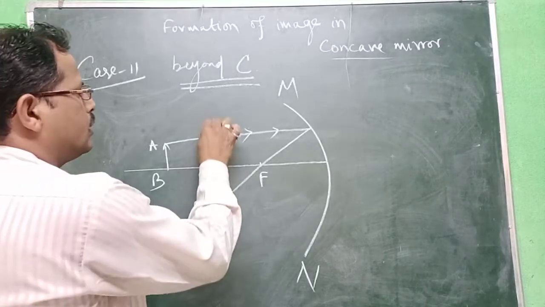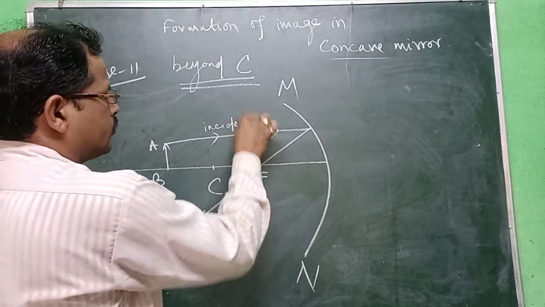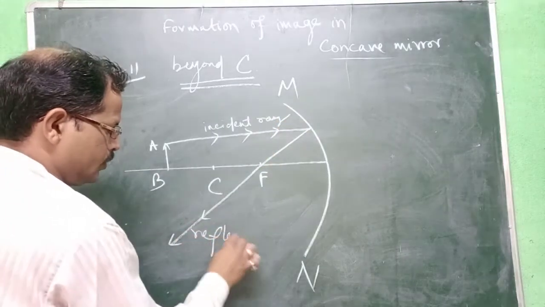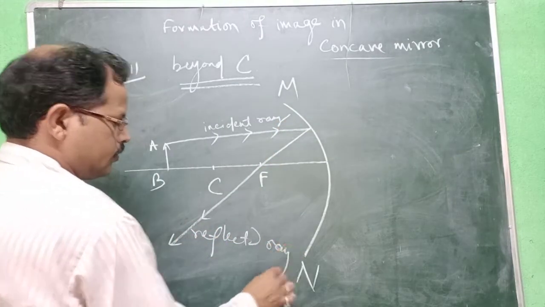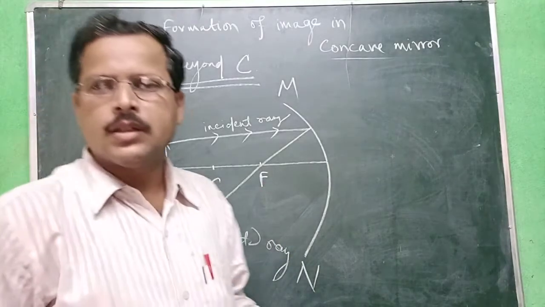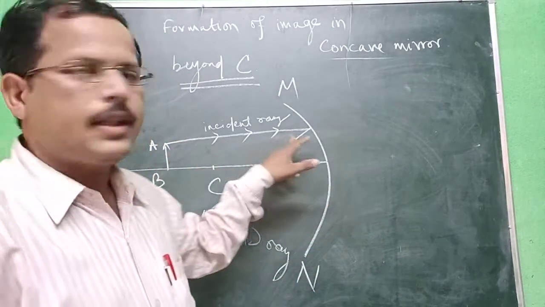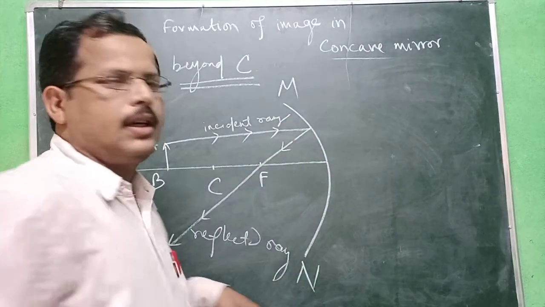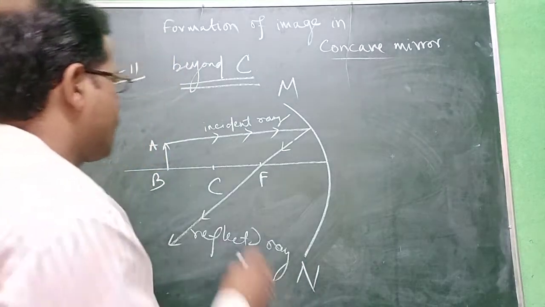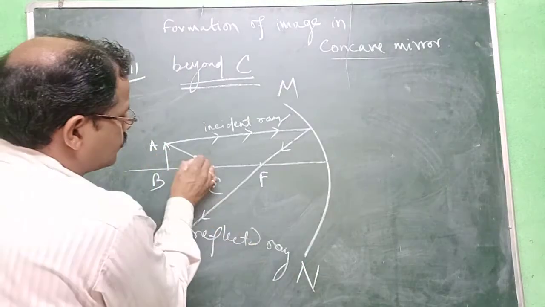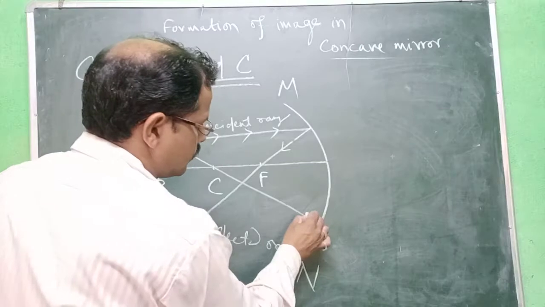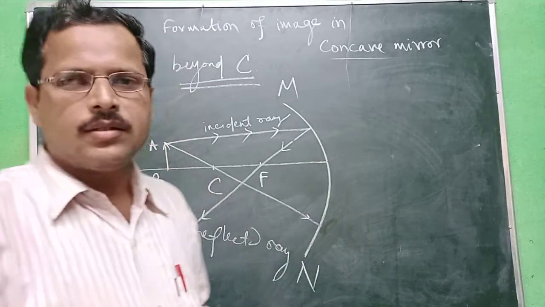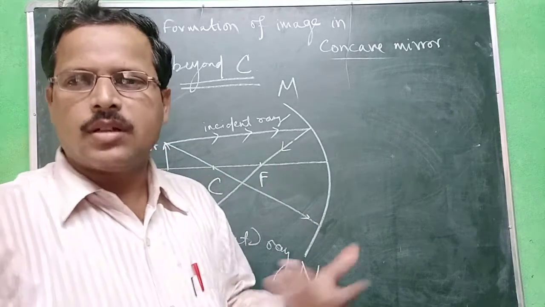This is the incident ray, parallel line, and this is the reflected ray. Another ray is taken passing through the center of curvature.